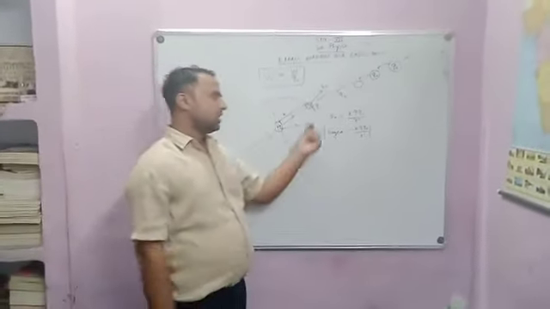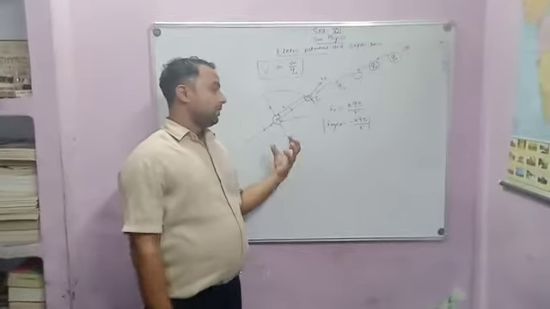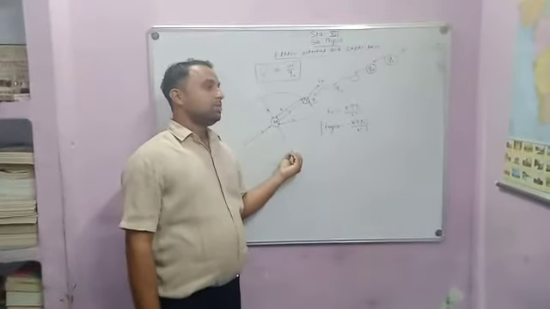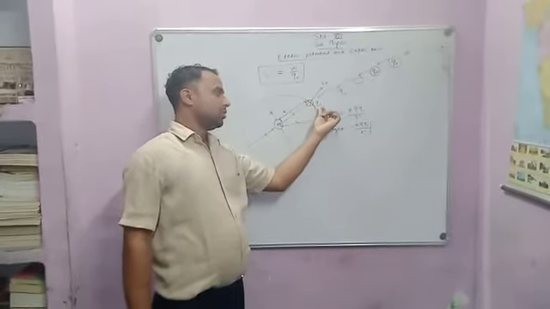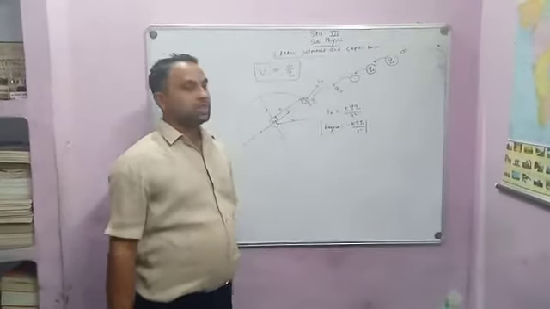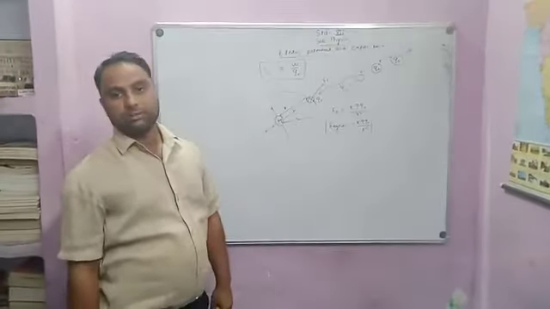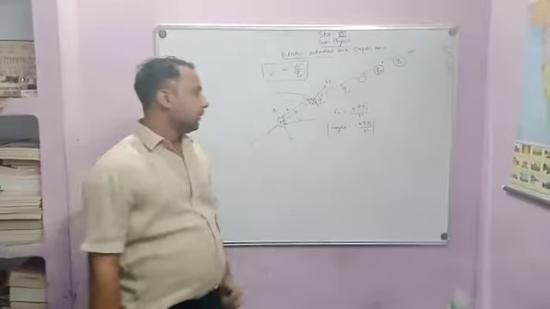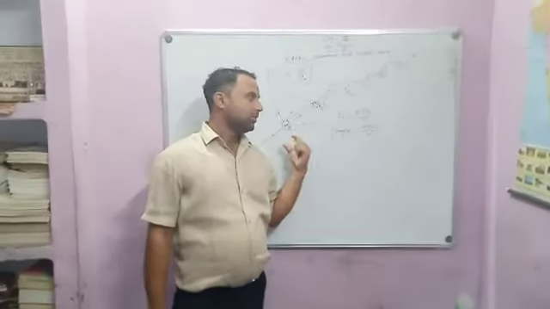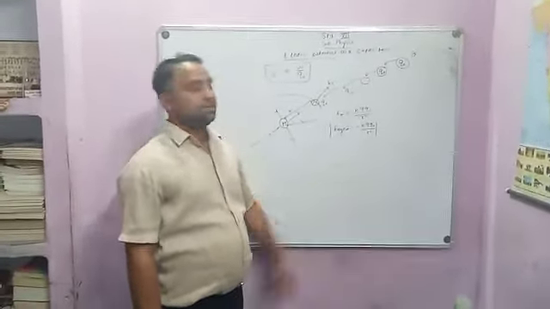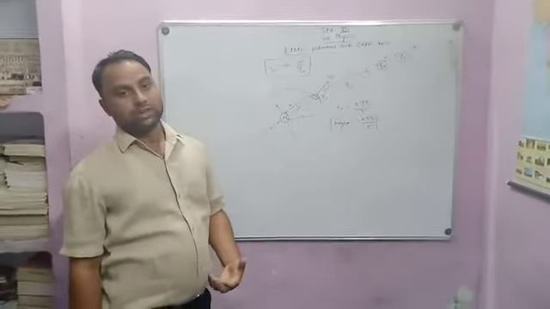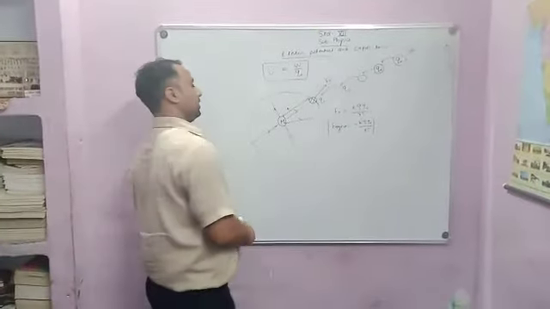If the test charge is moved very slowly, some amount of work is done by the external agent, so we have to derive the value of the work done.